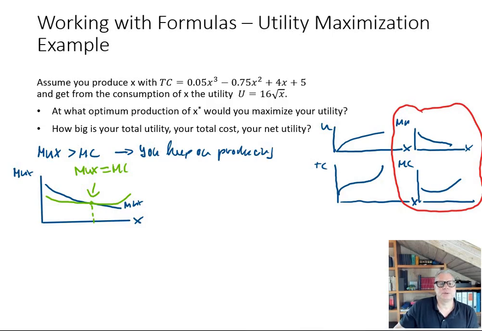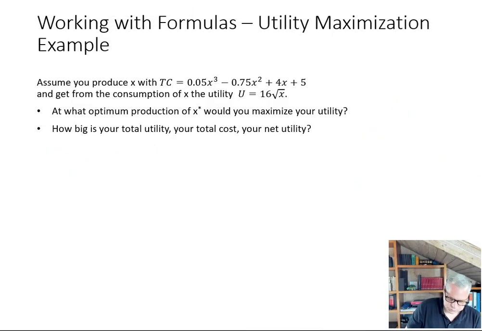Okay, so let me just delete all that ink again. So we know that your optimum utility, which we call U star, is where the marginal utility of X equals the marginal cost. So let's find that point.